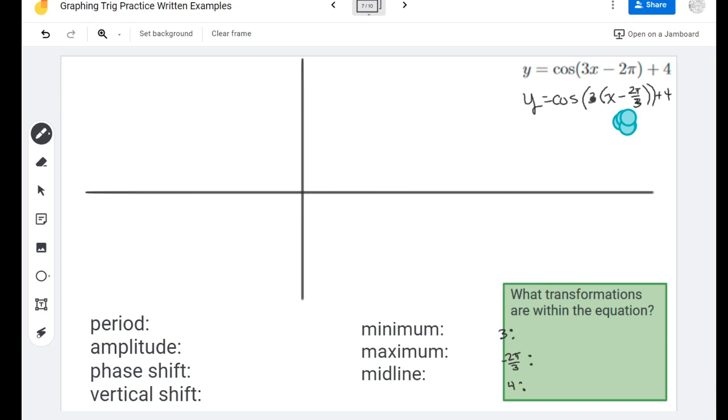So the 3 is being multiplied inside the grouping symbol, so that's a horizontal change. When we're looking at vertical things, numbers bigger than 1 are usually stretches. And since this is horizontal, it'll be backwards. It'll be a compression. The -2 pi over 3 is a phase shift.